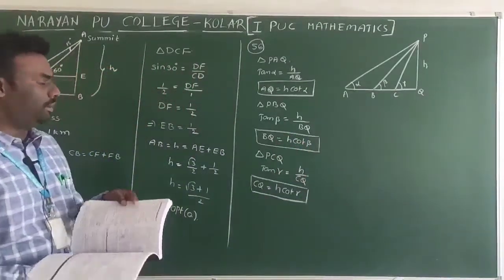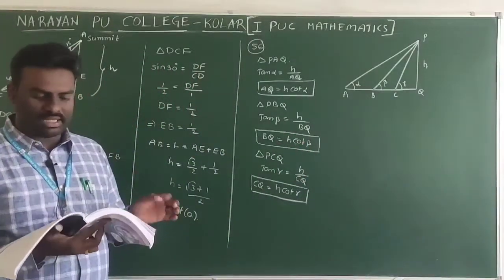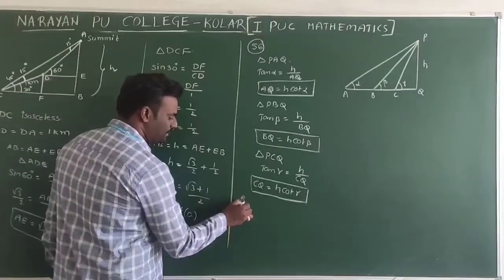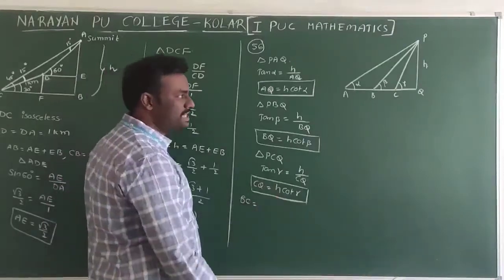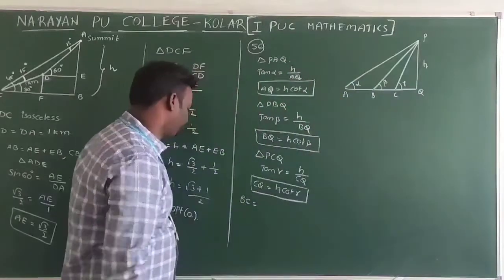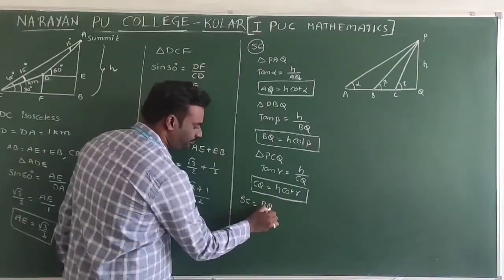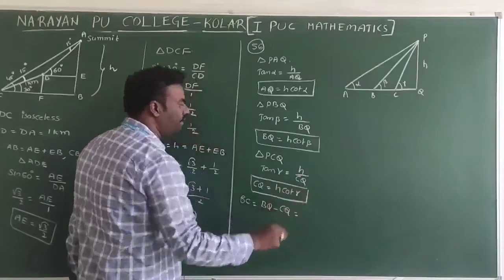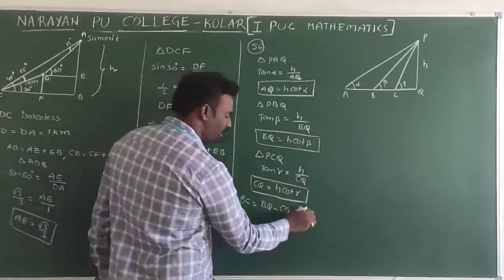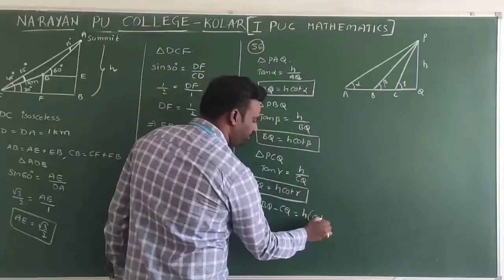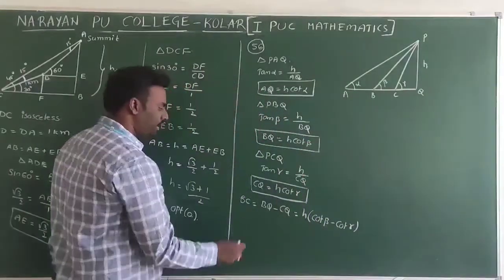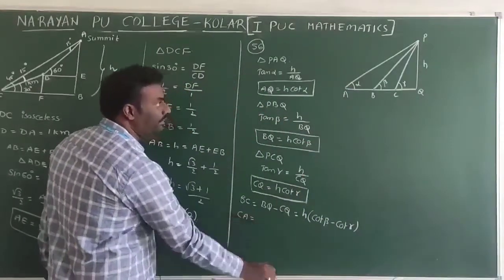Okay. Next, but in the question we need to find BC, CA, AB. Okay. I will find one by one. First, BC. See, this BC can be written as BQ minus CQ. BQ minus CQ means if you take H common, cot beta minus cot gamma. Next, CA.